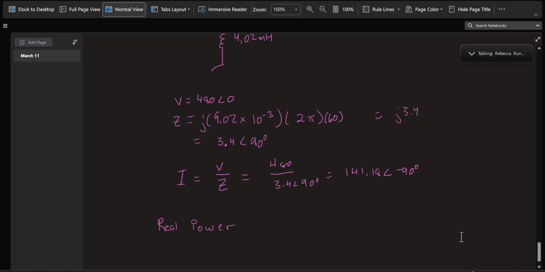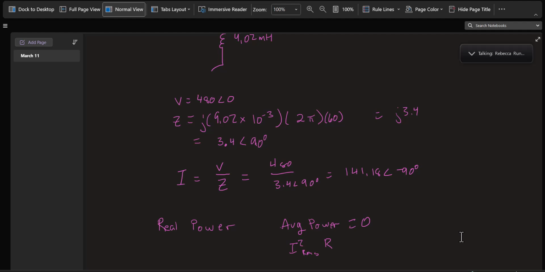What is our real power, or our average power? Zero. And how'd you get that? It's because I remember last time you said the power of an inductor was 0 because it gets up and down. Yep. And so the reason why is our average power is I squared RMS times R. But R is 0.